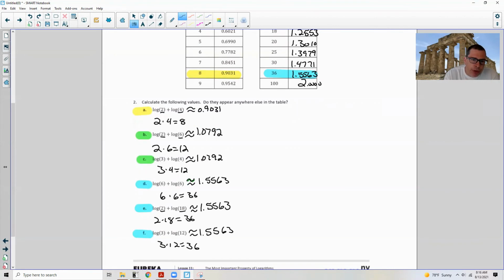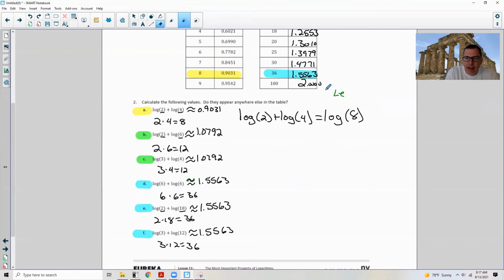All right, so here's what I would say. If I have the log of 2 plus the log of 4, it equals the log of 8. Well, guess what? I'm going to change this now. Let x equal 2. Let y equal 4.